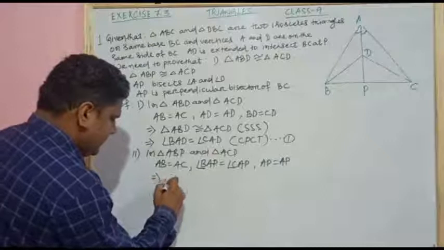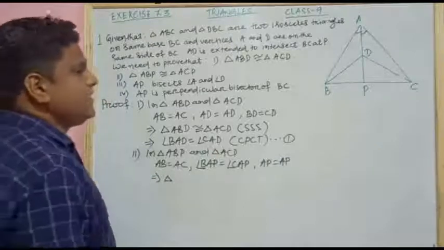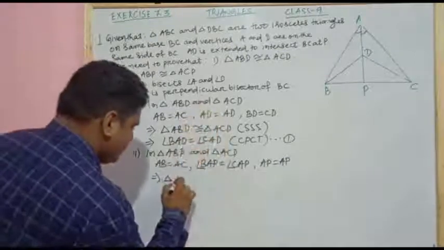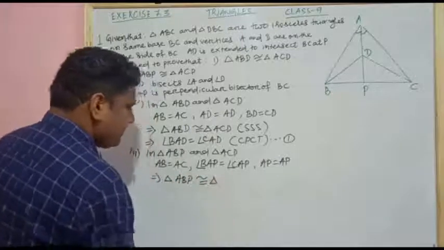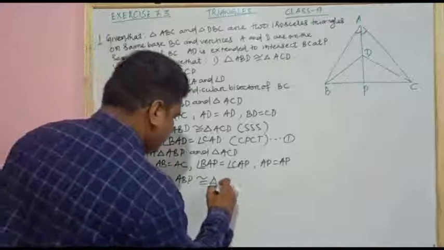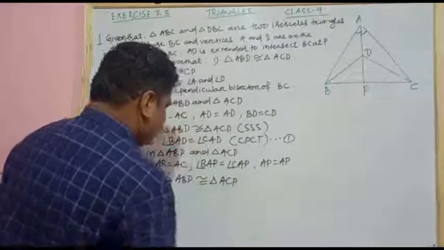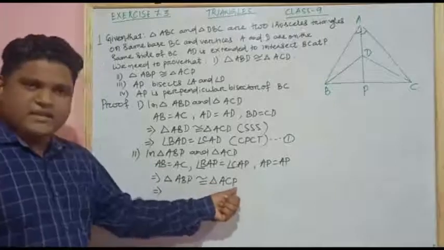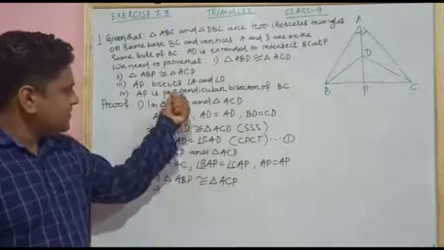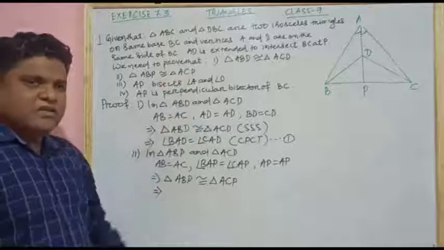This implies that triangle ABP is congruent to triangle ACP. My dear students, now triangles ABP and ACP are congruent. It is proved. That is, the second bit is proved.